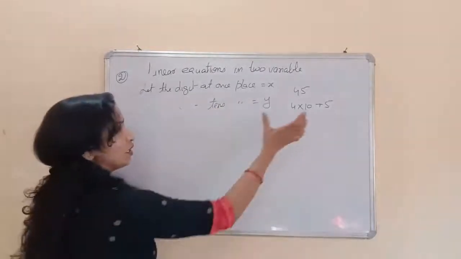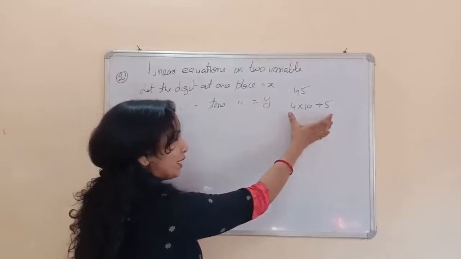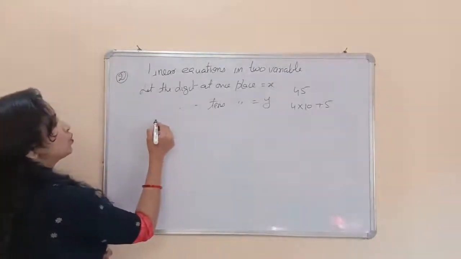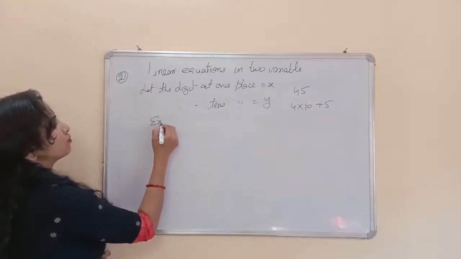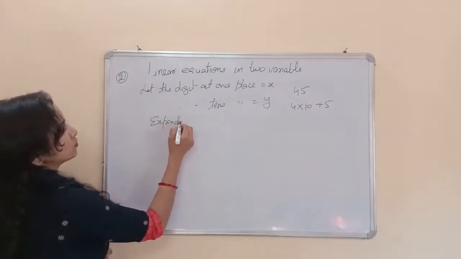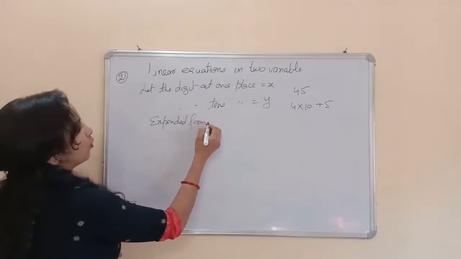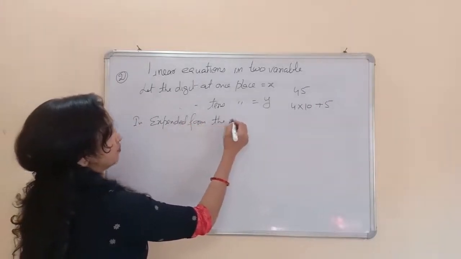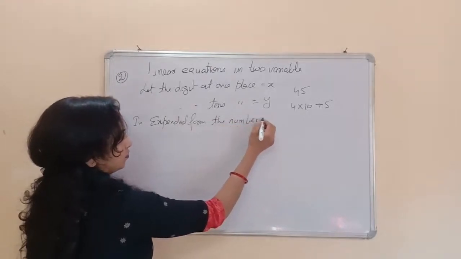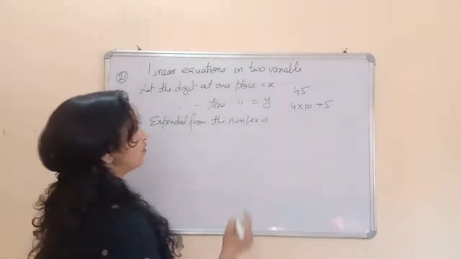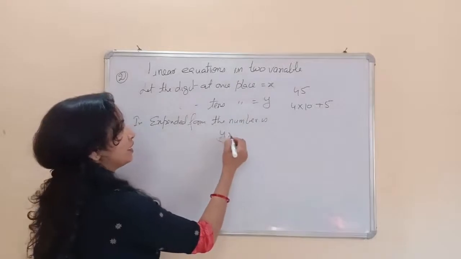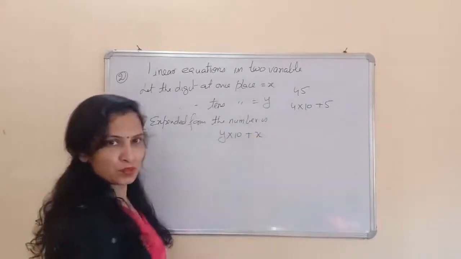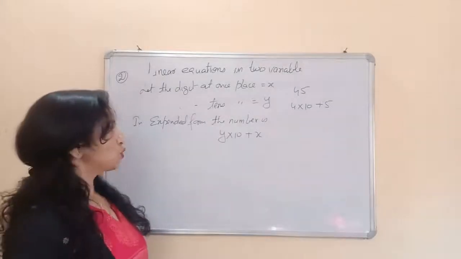So if you want to write the number in expanded form, we will multiply the tens place by 10 and then add the ones place. So this is the expanded form of the number.